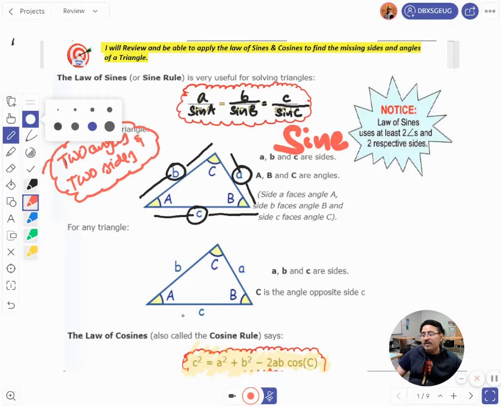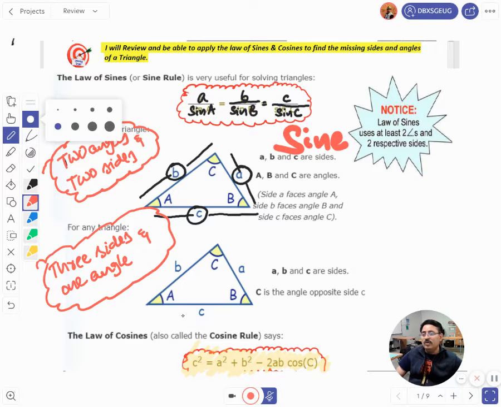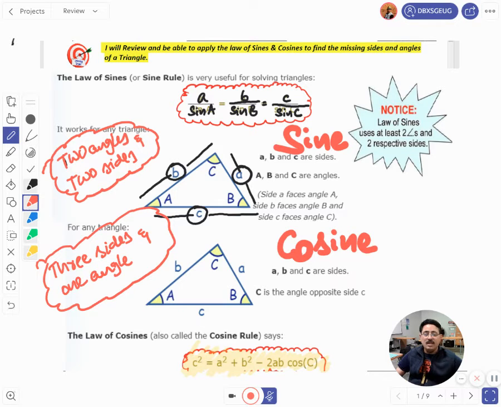Whereas if you are given three sides and one angle, this is a simple rule to remember, then we use the cosine rule. As simple as that.